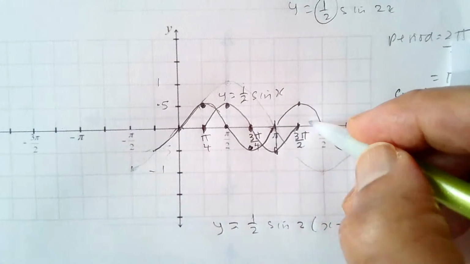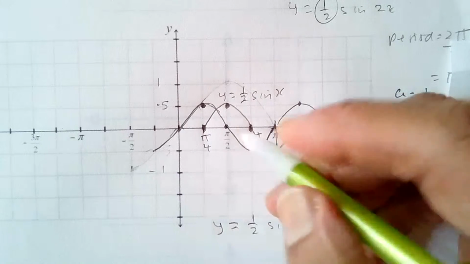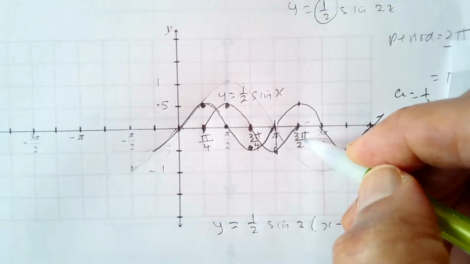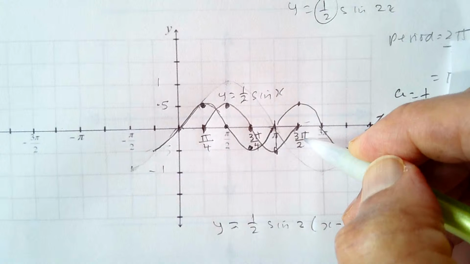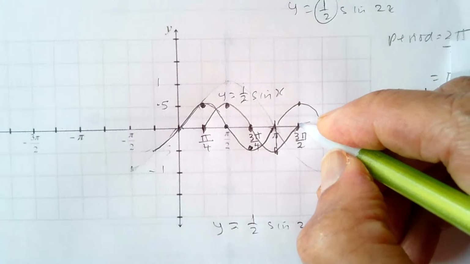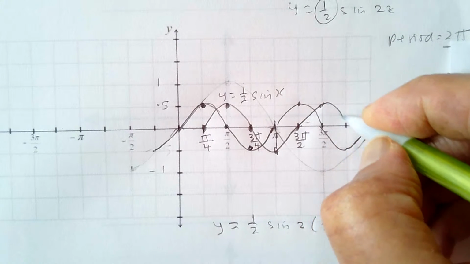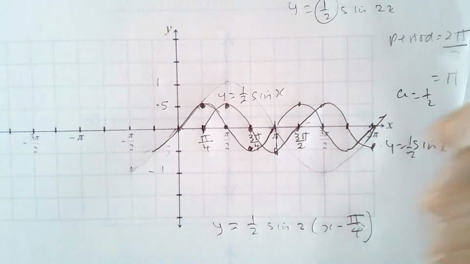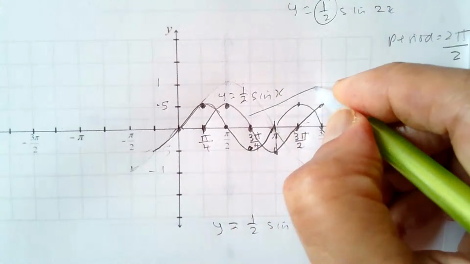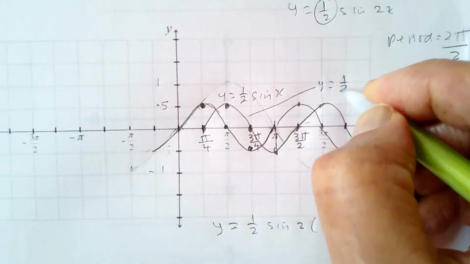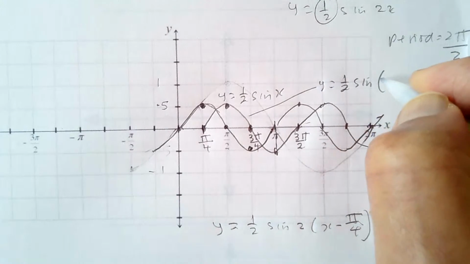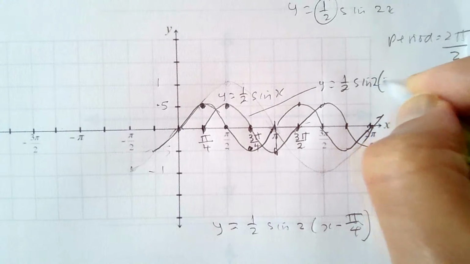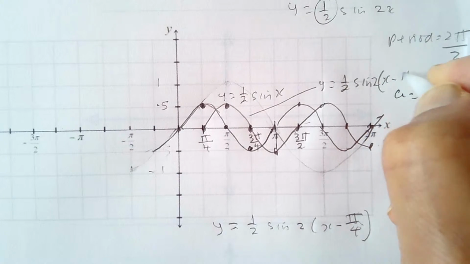And you look at it, still pi is the cycle because it starts with negative pi over 4 and it ends at 3 pi over 2. And if you will continue, so this graph y is equal to half sine 2x minus pi over 4.